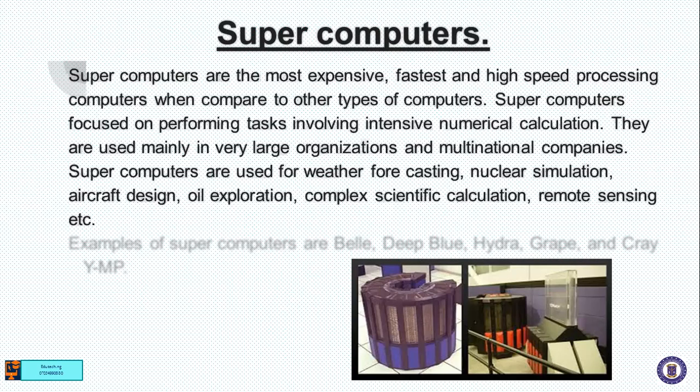Supercomputer can be used for weather forecasting. Weather forecasting simply means predicting the weather for the next day. Is that clear? Nuclear simulation. The supercomputer is used to predict the performance of the nuclear weapon.